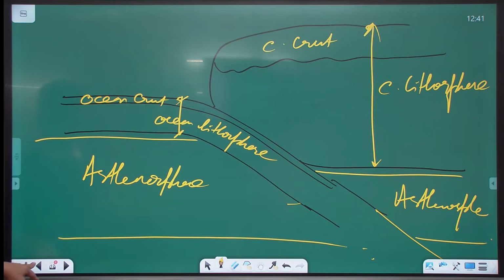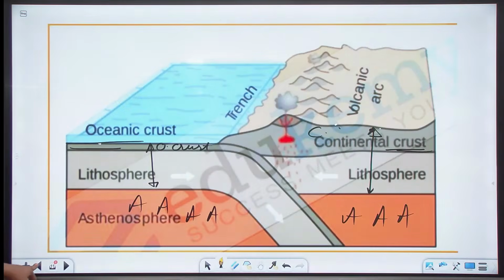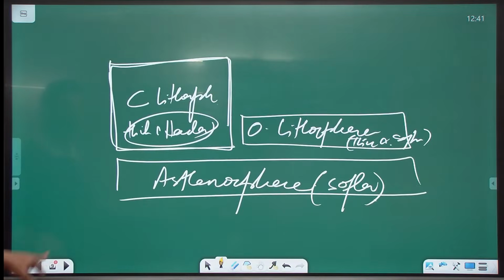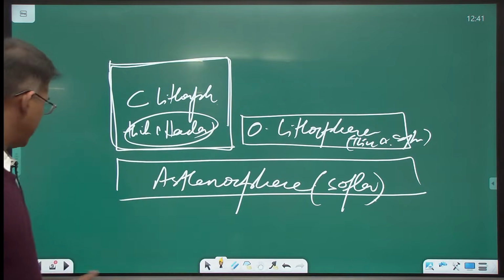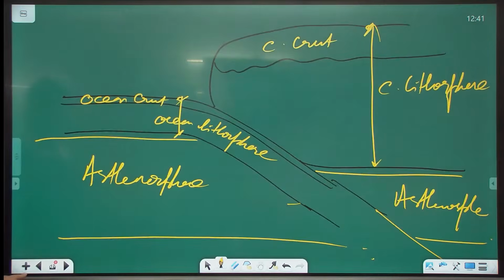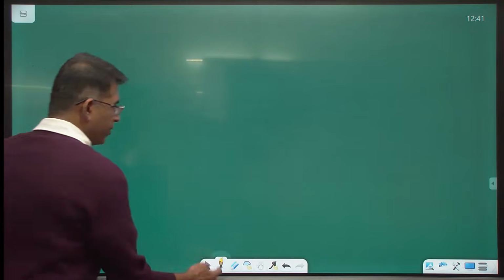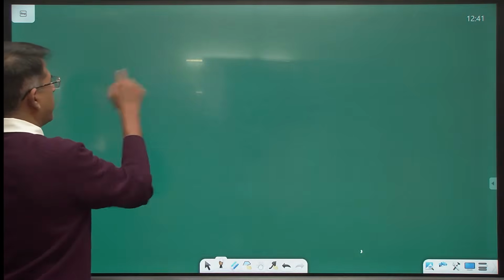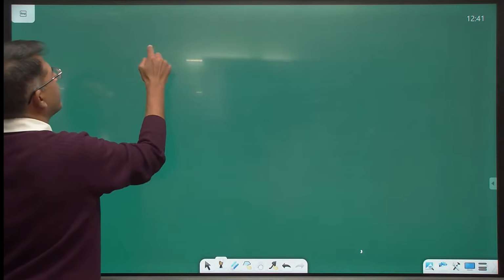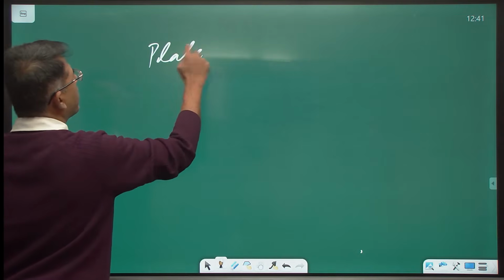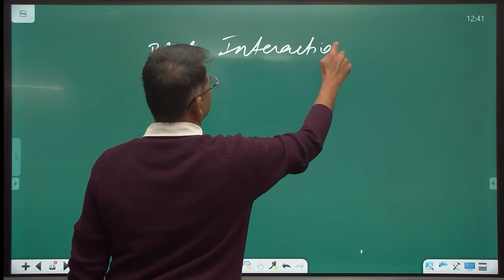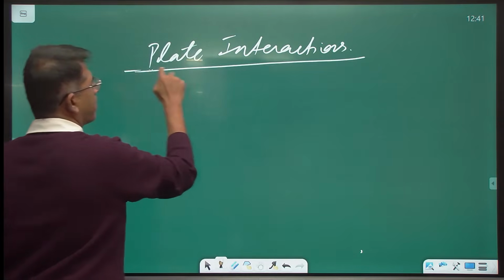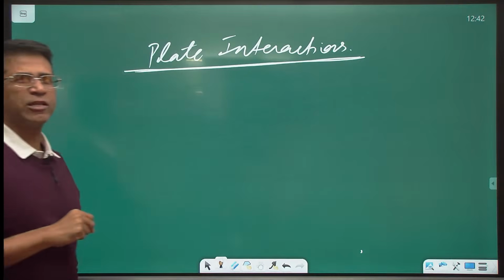Okay, so our discussion was essentially that the lithospheres are floating over the asthenosphere. So back here. Next point. You can give a heading, plate interactions. Give heading, plate interactions.